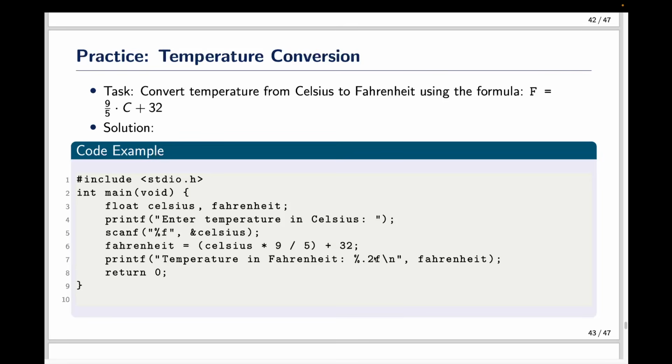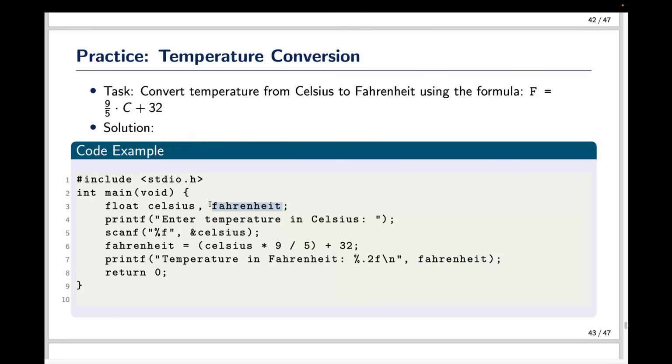So you can add a program that changes it from Celsius to Fahrenheit, and that formula is very simple: 9 divided by 5 into C plus 32. You just have to use the parenthesis. So you have your Celsius into 9 divided by 5 plus 32, and whatever that value is, you are storing it inside the variable Fahrenheit, which is a float variable.